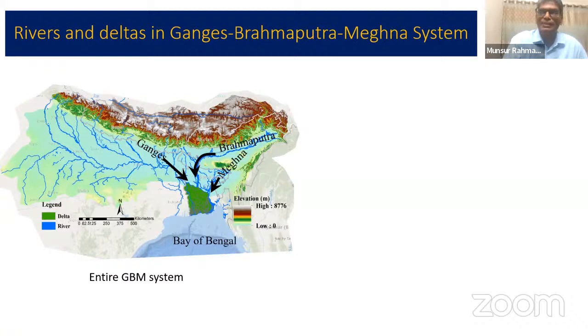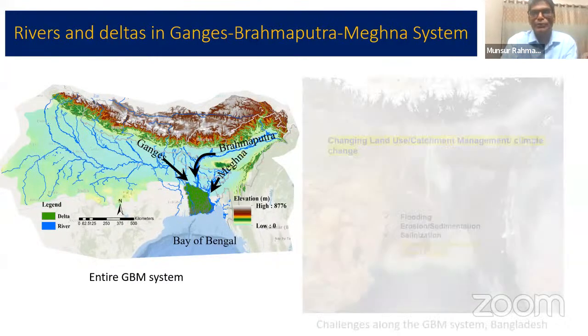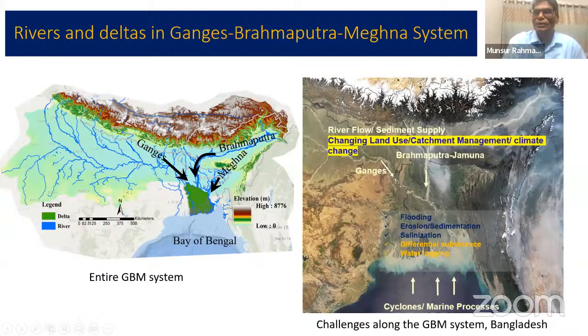It has attracted many people, which is why we have listened to many talks on deltas on this platform. But the issue I am planning to share is the local and national perspective, the challenges and opportunities in the Ganges-Brahmaputra-Meghna system. And you see the flooding.